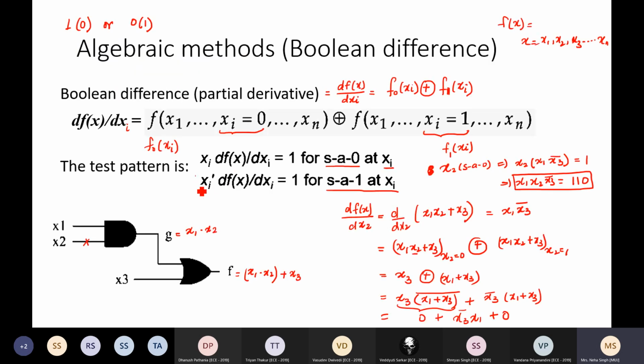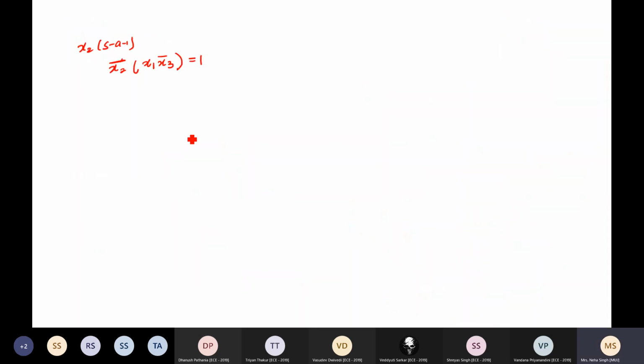Right? Stuck at 1 ke liye, x2 stuck at 1, the test pattern will be given as x2 bar into the Boolean difference, which is x1 x3 bar. This should be true from this expression. Right?